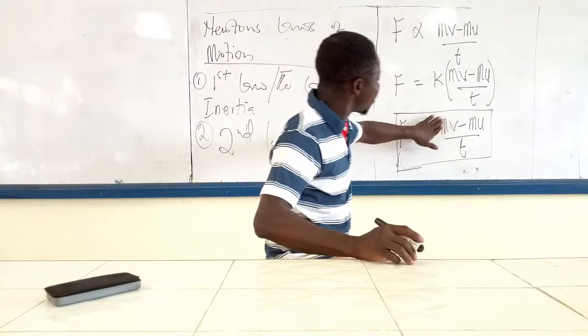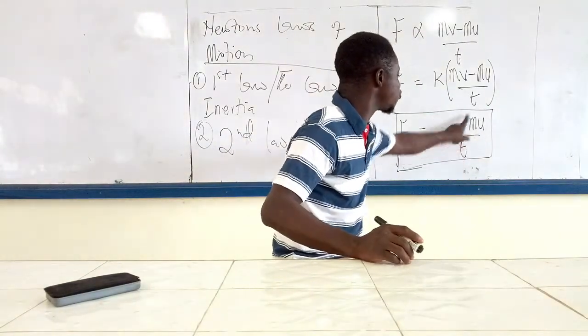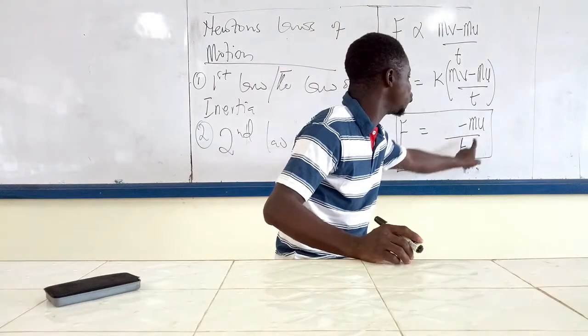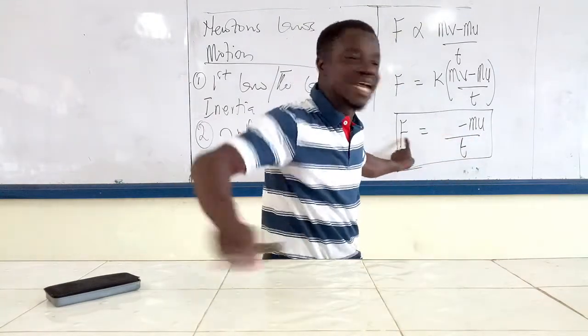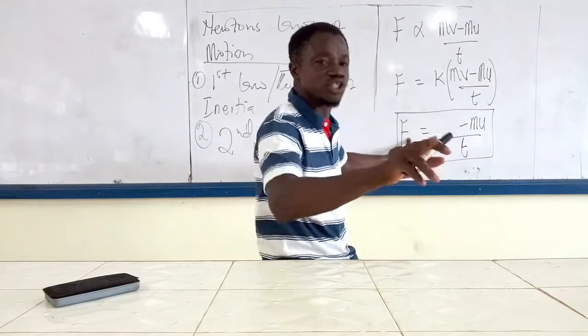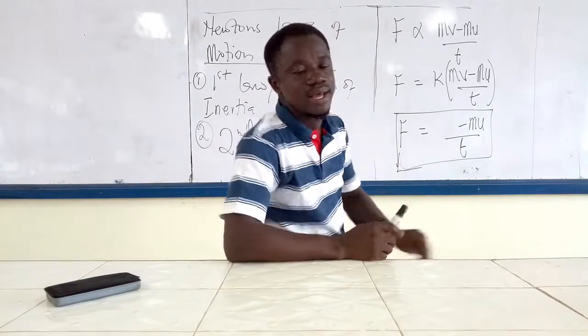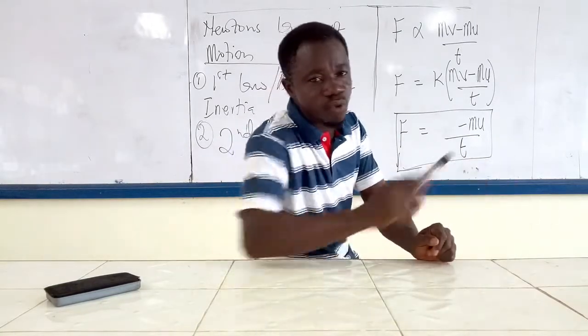What that means is that when the final velocity becomes 0, the change in momentum is going to become minus mu over t, which will produce the force in the opposite direction because the change in momentum is negative now. Remember, in Newton's second law of motion, the change in momentum must take place in the direction of the force.